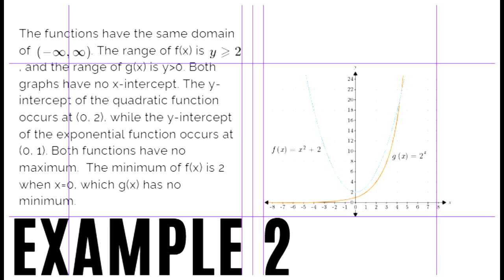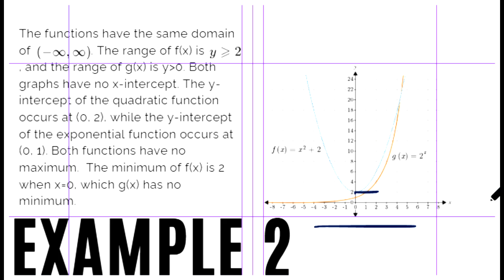The functions have the same domain of negative infinity to infinity. Okay. Domain is related to the x line, I believe. This is the way domain goes. The range of f of x is y is greater than or equal to 2. So when we hit this point, right there, that has to deal with range, which is up and down.